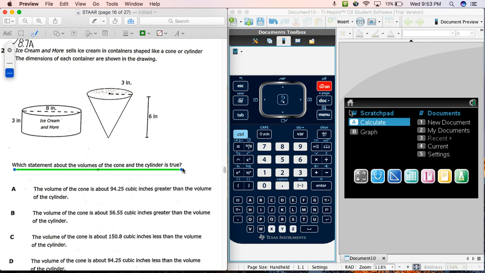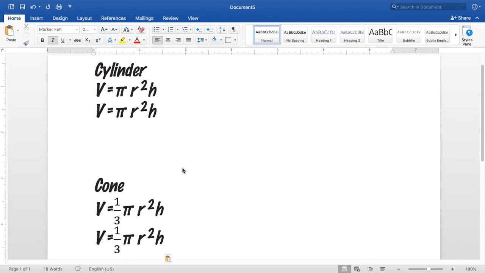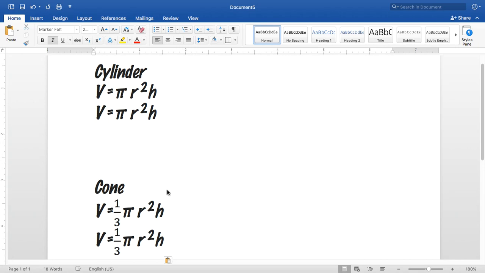I'll use my formula for a cylinder, which is V equals pi times the radius squared times the height, and solve for the cylinder first. Then I'll use my formula for a cone, which is the same except it has a 1/3 because it is 1/3 the volume of a cylinder, pi times radius squared times height. So I'll be using both formulas, but not at the same time.